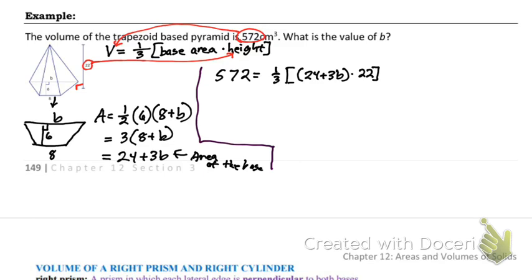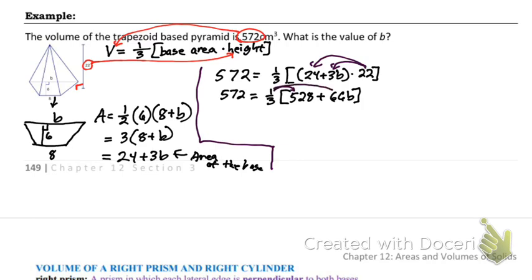So let's go step by step and solve for b. The first thing I'll do is distribute that 22 to both of these things. I would have 572 equals 1/3. What's 24 times 22? Tori? 528. And that'll be plus 66b. Now we are going to distribute that 1/3.